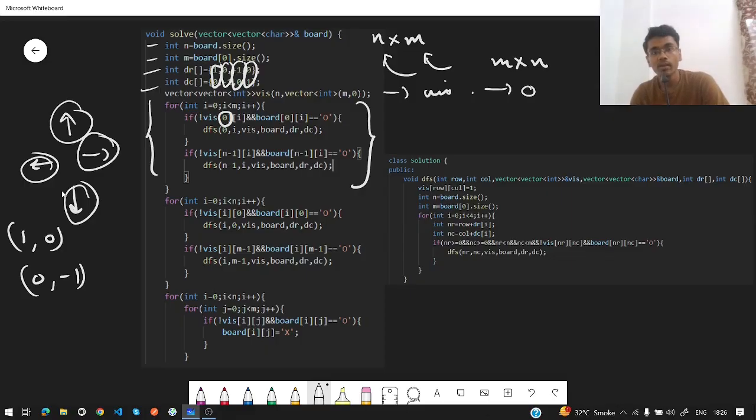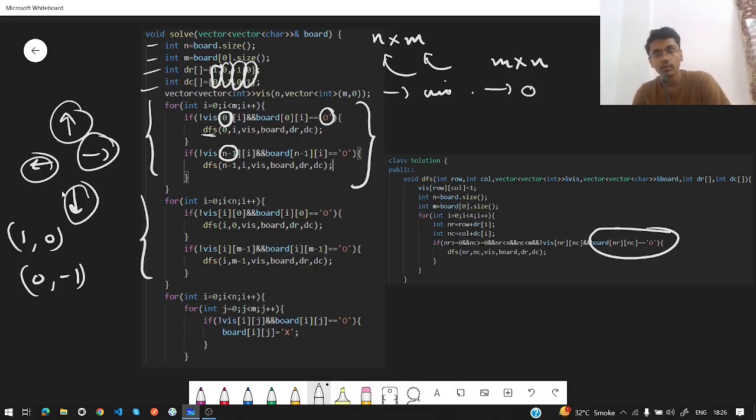So 0 comma i is for the first row, n minus 1 comma i is for the last row. Whenever we get a 0, we need to find if there are any connected zeros either horizontally or vertically. So we are just running a DFS to find if there is any 0 connected to it. Just what we have seen in the explanation part, nothing else.